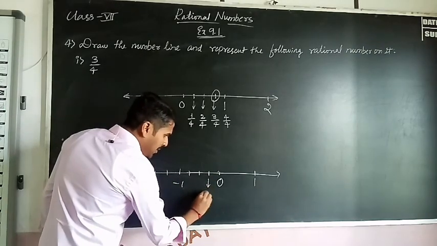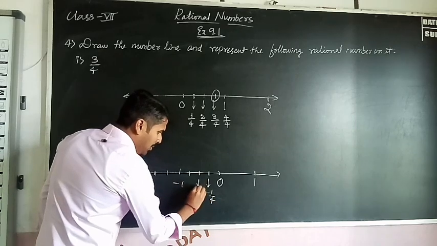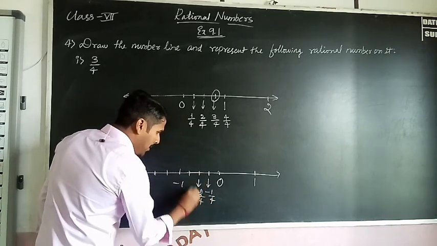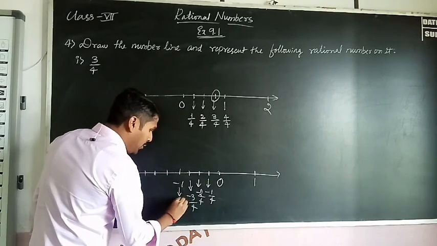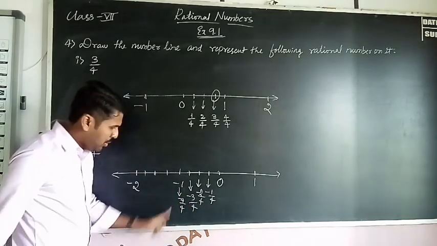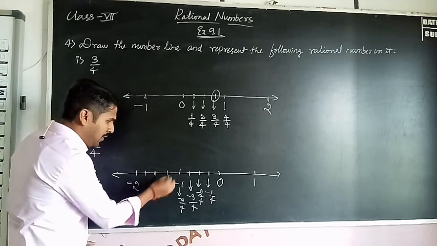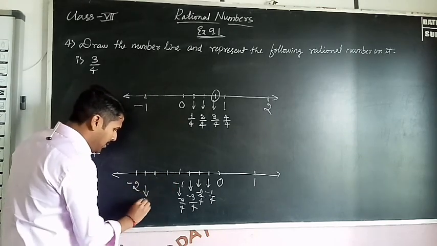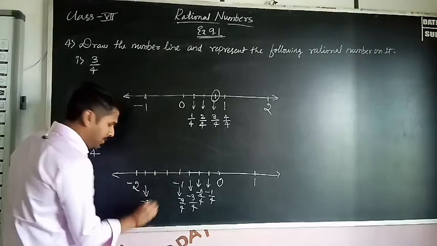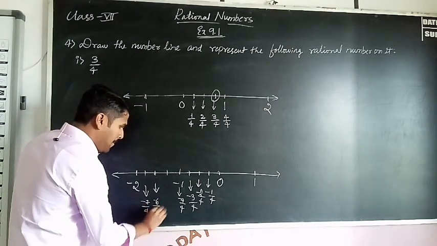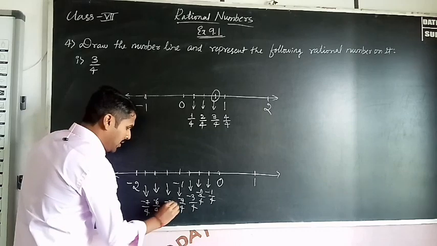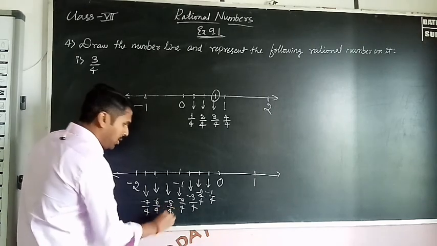This is minus 1 by 4, minus 2 by 4, minus 3 by 4, and this one is minus 4 by 4, which is minus 1 only. This is 5, 6, 7, so this is 7 by 4. And this is minus 5 by 4, minus 6 by 4.